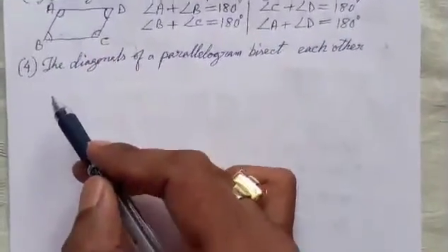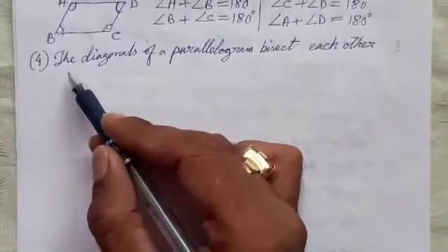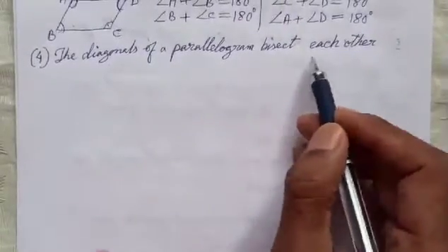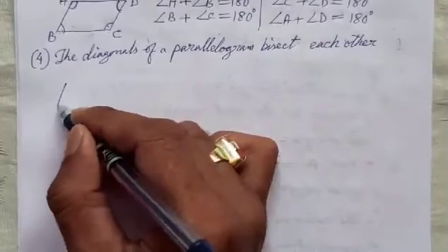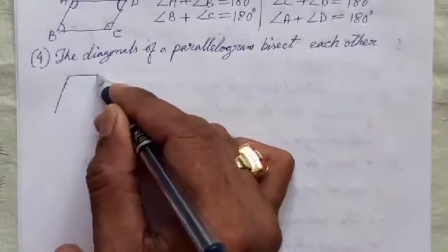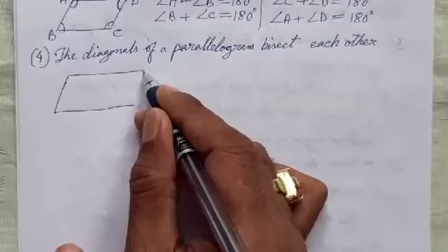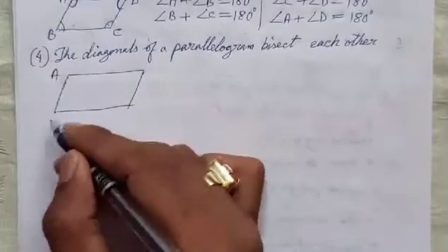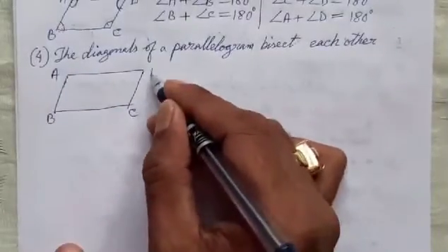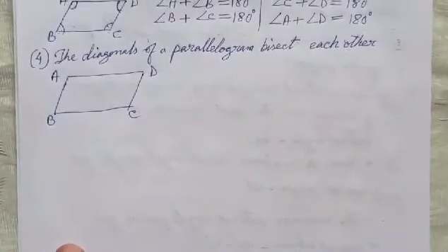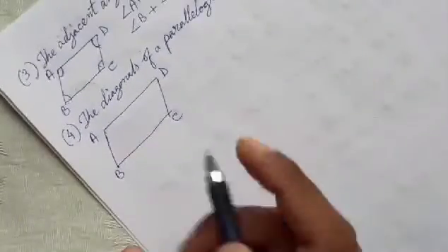Then property number 4. The diagonals of a parallelogram bisect each other. Let me draw a parallelogram. This is a parallelogram. Let's name it A, B, C, D. Now let us draw its diagonals.